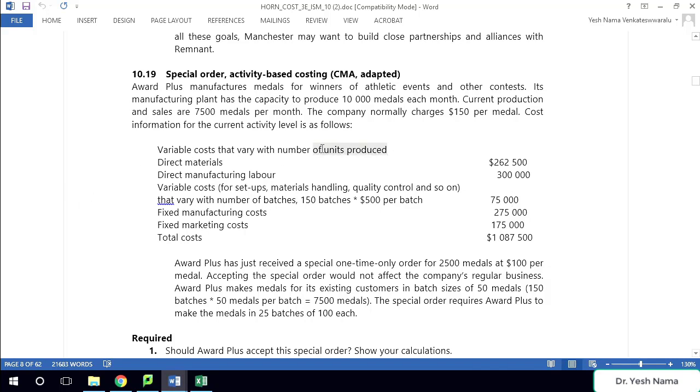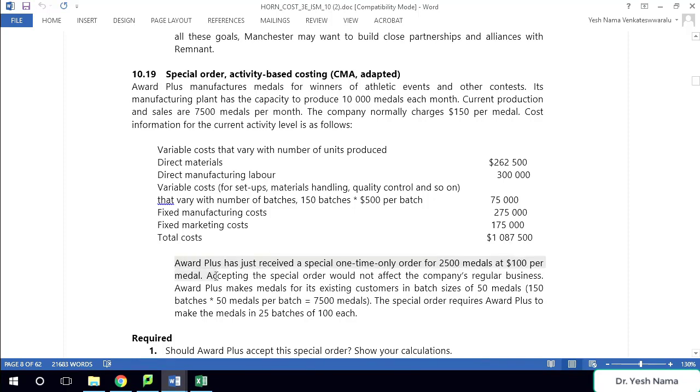So these are unit level activities, and these are batch level activities here. Fixed manufacturing cost 275, fixed marketing cost 175, total cost 1,087,500.